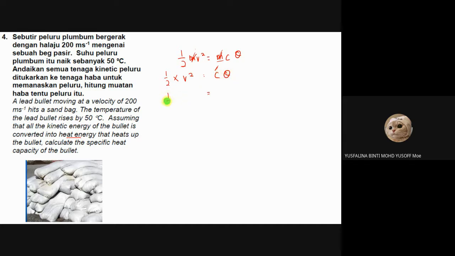So v is 200 squared, c you need to find, theta is 50. You say it rises 50 degrees Celsius. So you just find the C here. The C is 400. Is it correct?